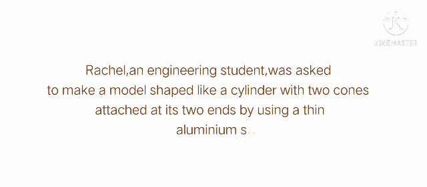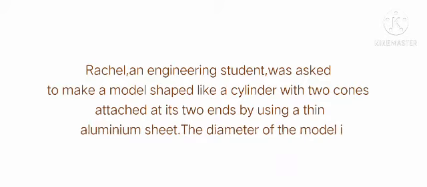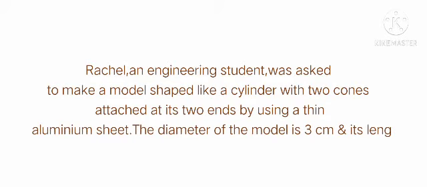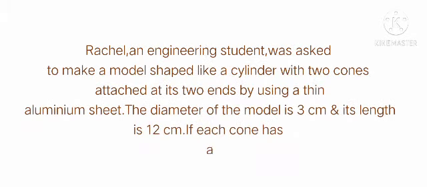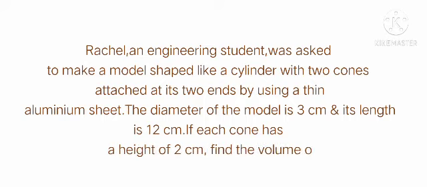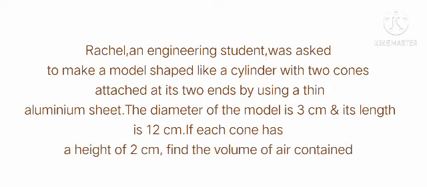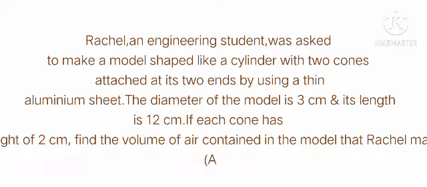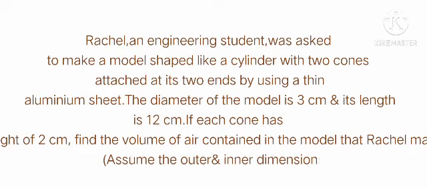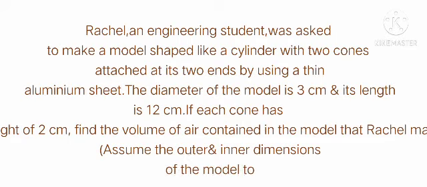The diameter of the model is 3 cm and its length is 12 cm. If each cone has a height of 2 cm, find the volume of air contained in the model that Rachel made. Here it is given that we assume the outer and inner dimensions of the model to be nearly the same.